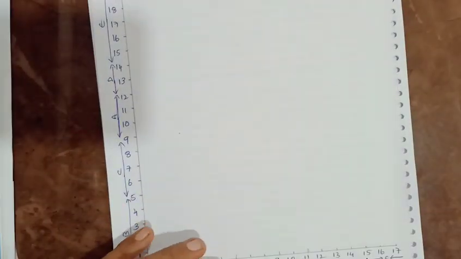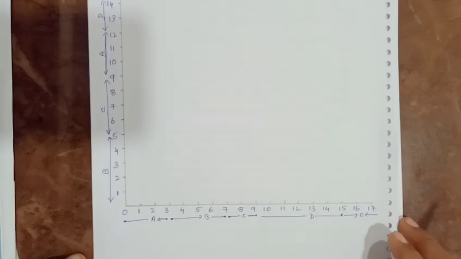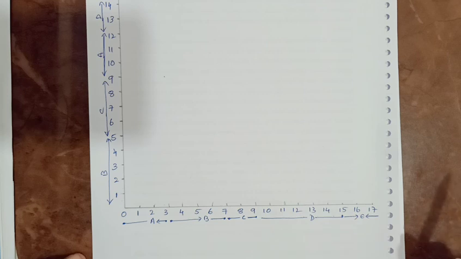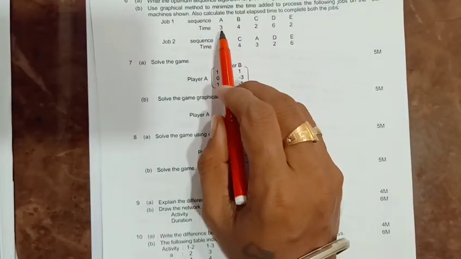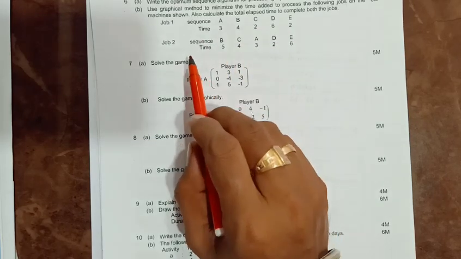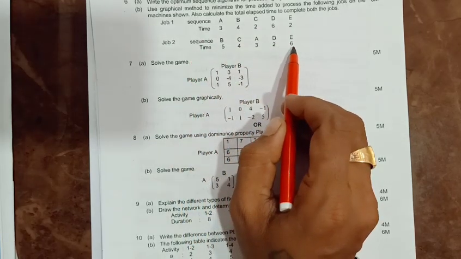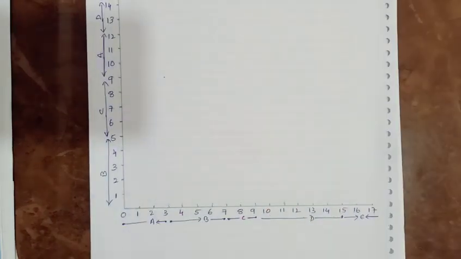Now, as it is a graphical method, first you have to take the scale on the graph. When you are taking the scale, calculate the total time for job 1 and the total time for job 2 so that we can scale the graph properly.